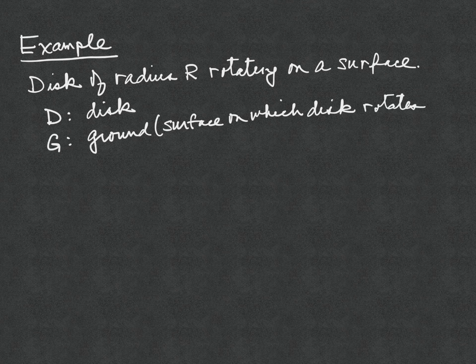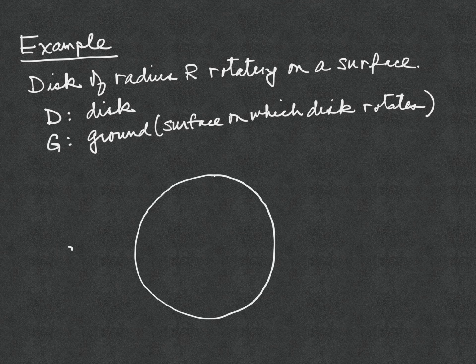Now I'm going to draw the picture that corresponds to this. So here is the disk. The ground is here. And here is the disk. I'm going to call the center of the disk O. All right.